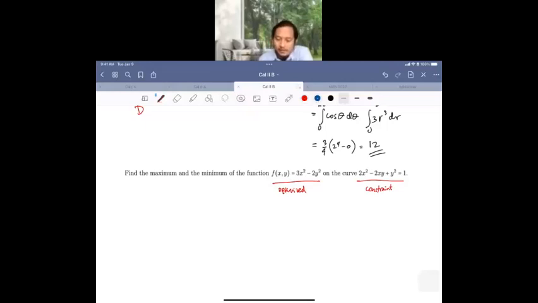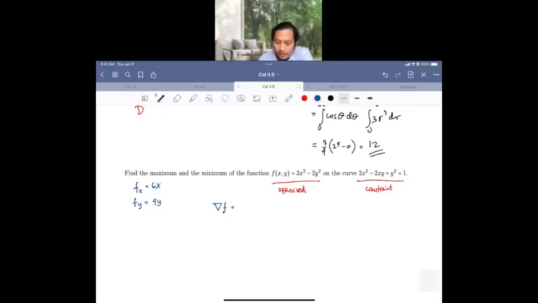First, if we take the gradient vector, for f the partial x is 6x, partial y is 4y, and we are only having two variables.